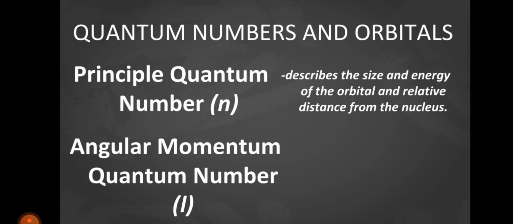The second quantum number is the angular momentum quantum number na may symbol na L. So, it describes the shape of the orbitals. Yung value ng L ay nakadepende sa value ng n. Let's say for example, yung value ng n is 4.